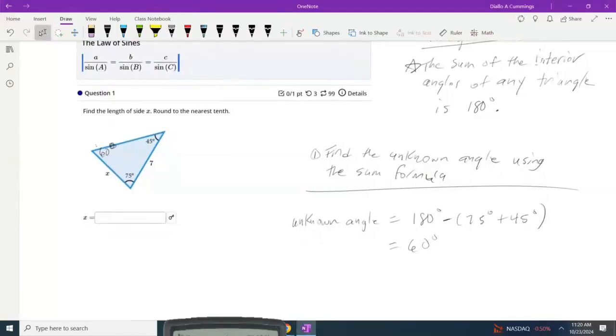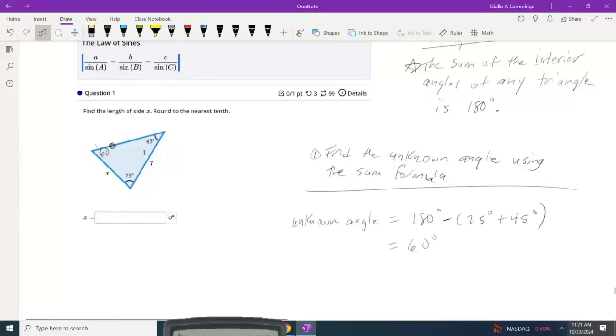Now I'm going to use my law of sines, and I'm going to find this unknown side x. Here's the setup for the law of sines: you have your side length divided by the sine of the angle opposite that side length.